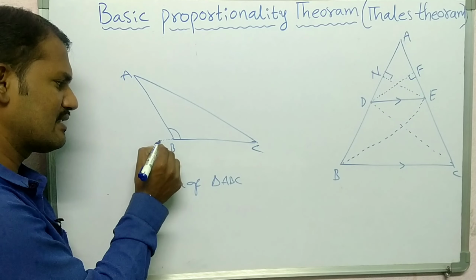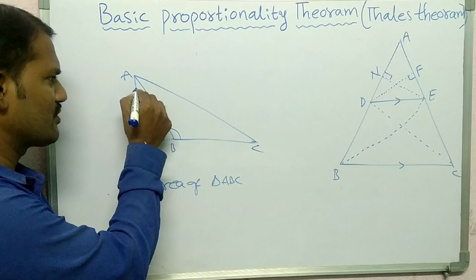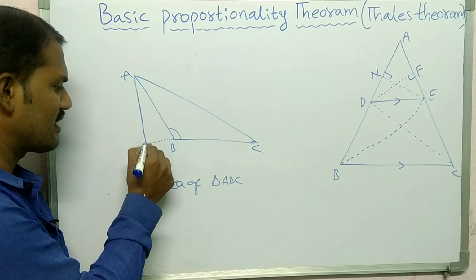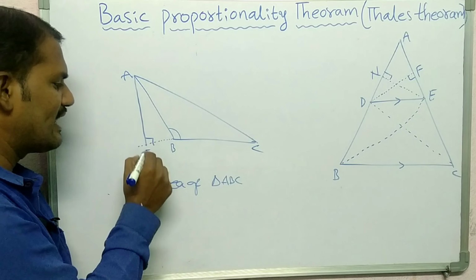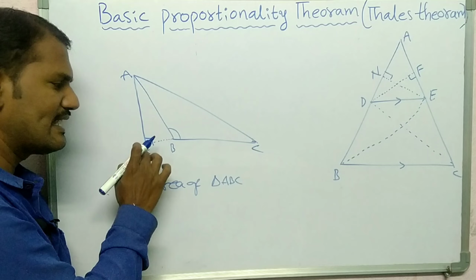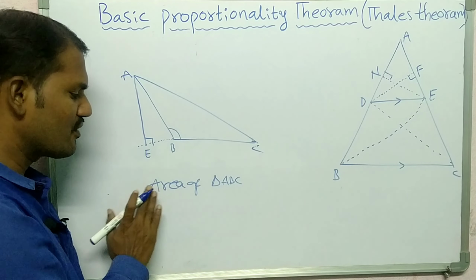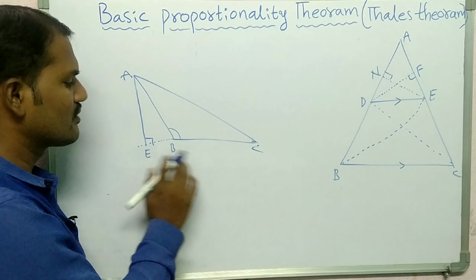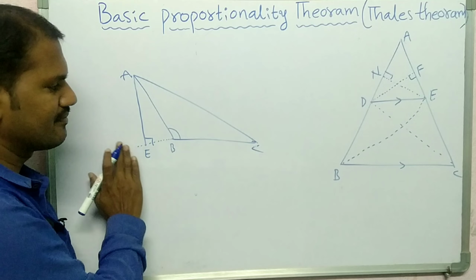Here BC is extended, and from the opposite vertex I draw a perpendicular line. Here I am taking E, so AE is perpendicular to BC. Just remember this point. So area of triangle ABC equals half of BC into AE.